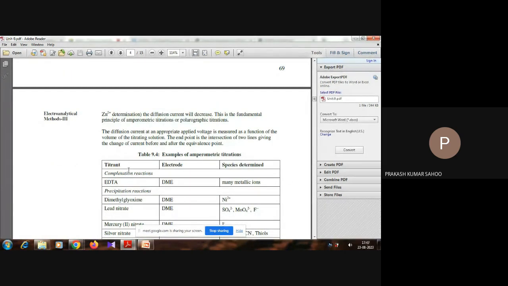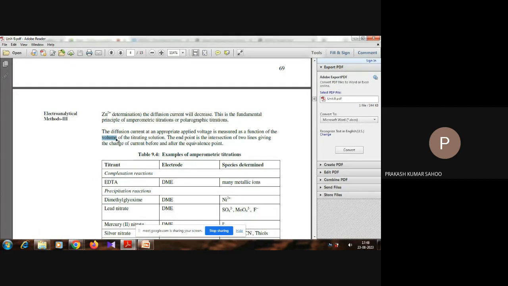The diffusion current at an appropriate applied voltage is measured as a function of volume. It is correct, because in an amperometric titration, on the y-axis we have the diffusion current I_D, and on the x-axis we have the volume of titrant added.